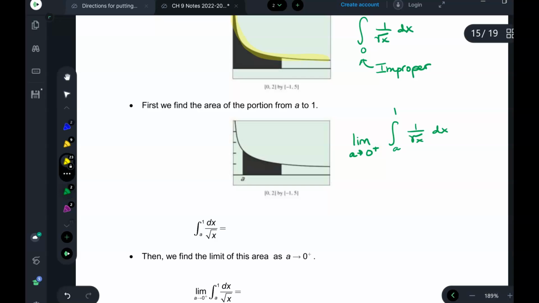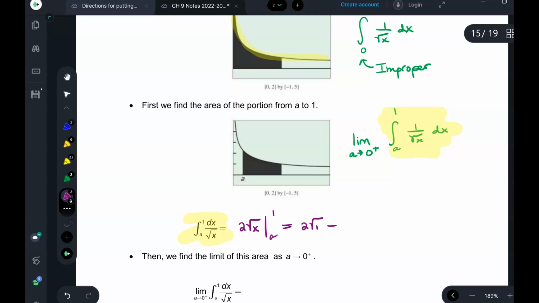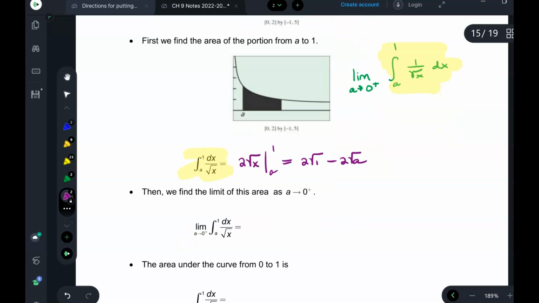So if we're just evaluating this part here, well, that's going to be x to the negative 1/2, so that will be x to the 1/2 over 1/2, or 2 root x, evaluated from a to 1. So we'll have 2 root 1 minus 2 root a, or 2 minus 2 root a.